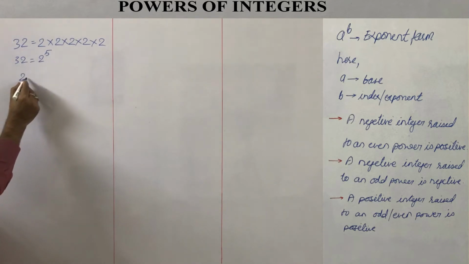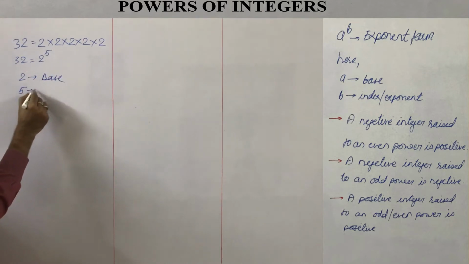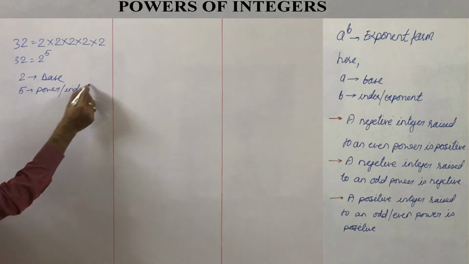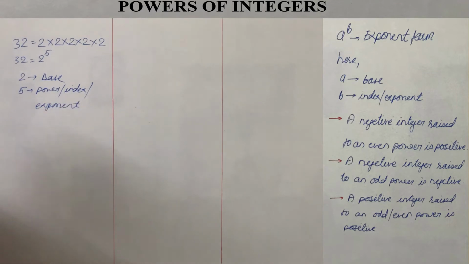So here 2 is the base and 5 is the power or index or exponent of 2. So in general, a to the power of b or 2 to the power of 5 is the exponent form or exponential form for 32. So 32 is the number, and for expressing 32 we have this form.